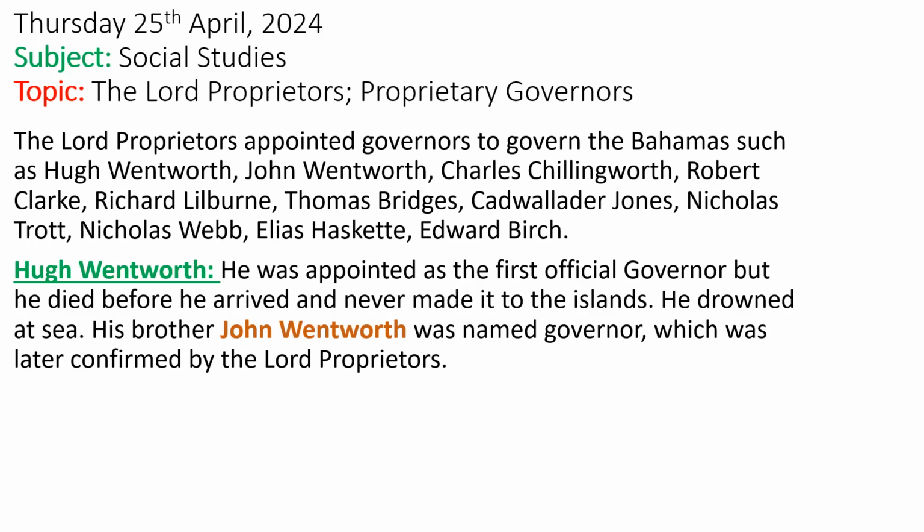He drowned at sea. His brother, John Wentworth, was named governor, which was later confirmed by the Lord Proprietors. Very good. So, Ajani, what was the name of the first official governor of the Proprietors? Hugh Wentworth. Very good.